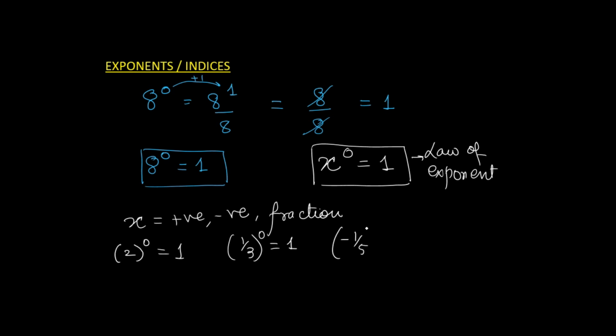Negative 1 by 5 to the power 0 gives us a 1, and even an algebraic expression of the form a plus b plus c, when we raise it to the power 0, we get 1. Okay, so any number raised to the power 0 always gives you 1, and this is a law of exponent.